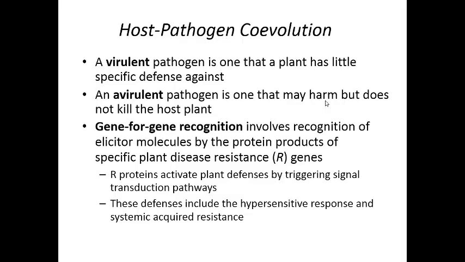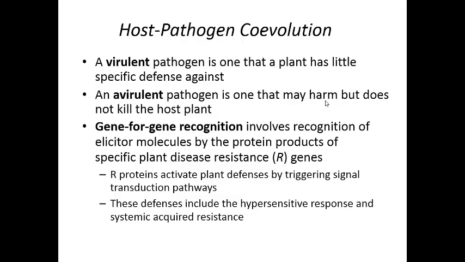In order to defend against avirulent pathogens, plants use gene-for-gene recognition. Plants contain resistance genes called R genes that make proteins called R proteins, or resistance proteins. These proteins respond to specific pathogens that enter a plant.